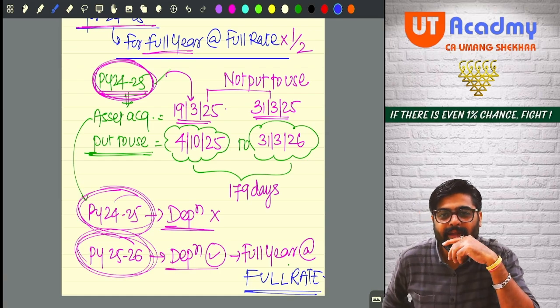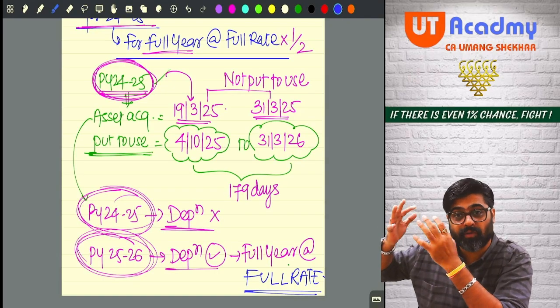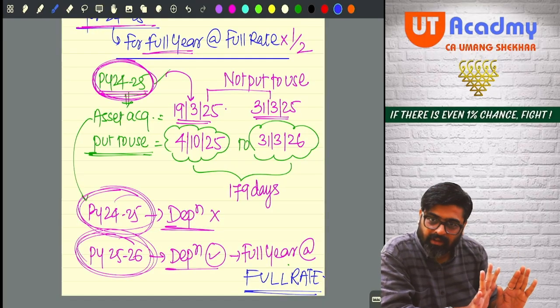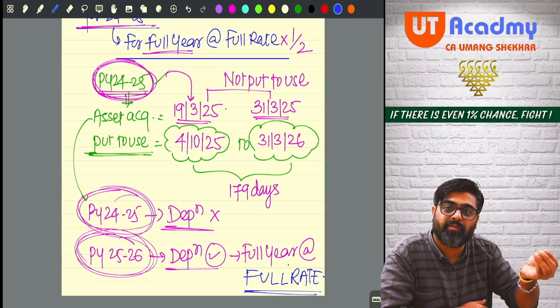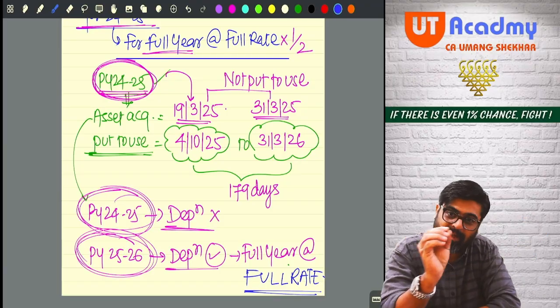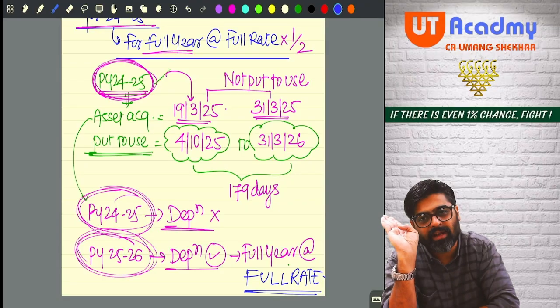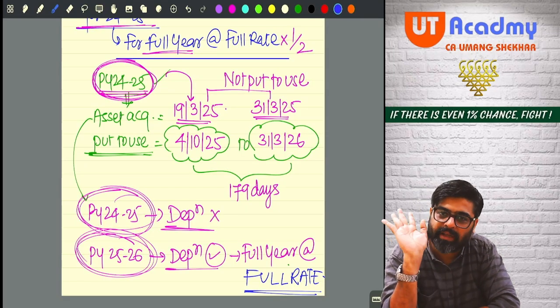Now what they will say is that you already had some assets from earlier, which you had bought earlier. Now those assets are also used in the business this year, but they are used this year for a period of less than 180 days. They will deliberately tell you about assets which were already with you, meaning assets you bought in some earlier year.